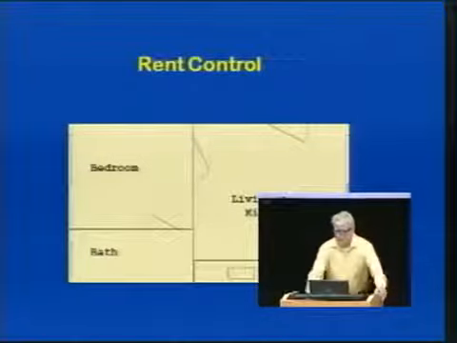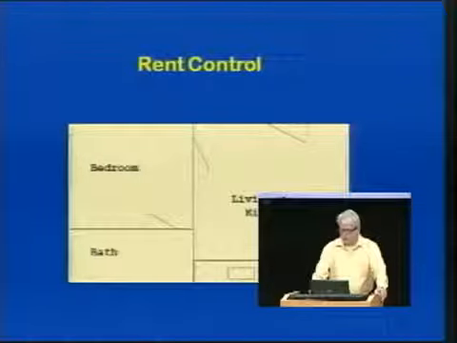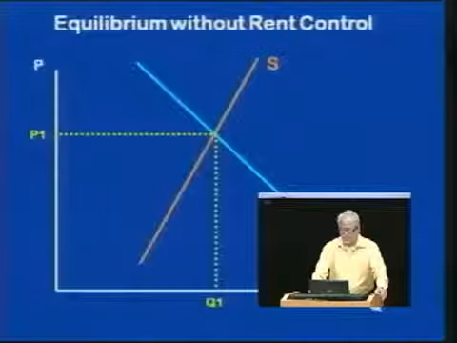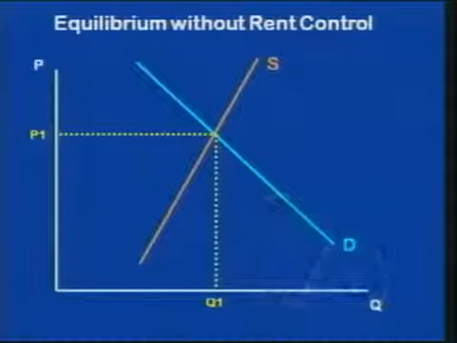Okay? So I'm going to start with the standard argument against price control. Okay, so if we have rent control, a market that is a freely operating market, no intervention to prevent price from moving whatever it would do. We would have a demand for housing and a supply for housing.